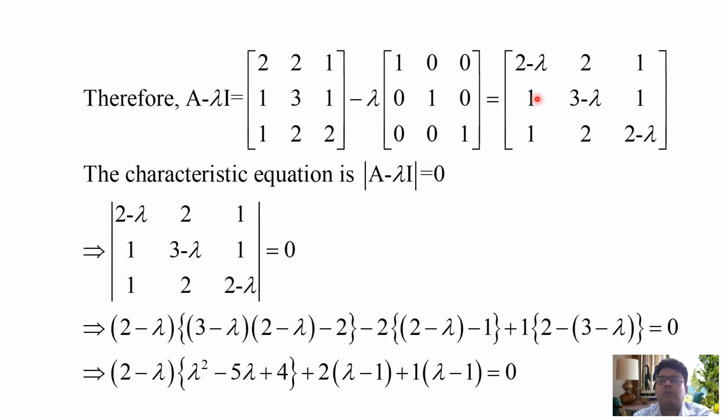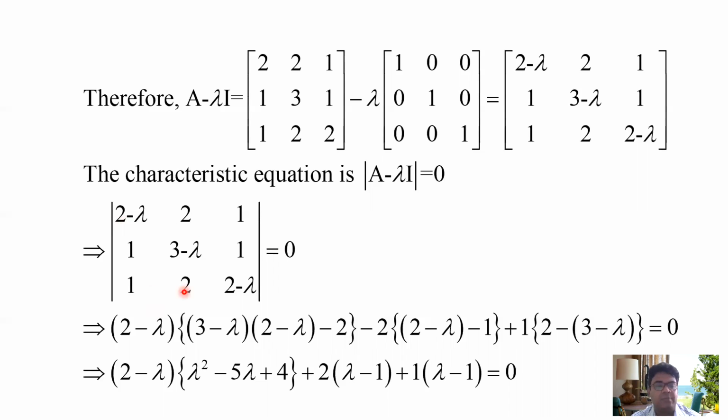If I simplify, we have [2 minus lambda, 2, 1; 1, 3 minus lambda, 1; 1, 2, 2 minus lambda]. The characteristic equation is determinant of A minus lambda I equals 0. So we write the determinant of this matrix equals 0. We already know how to expand a 3 cross 3 determinant.